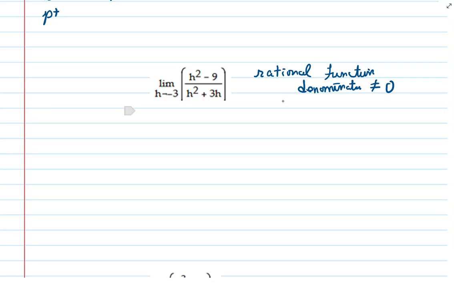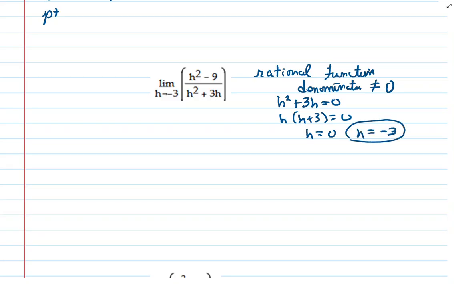So we set the denominator equal to 0. I'm going to factor out an h. Set them equal to 0. So we've got this one here, which is what we need for the limit. So we know that x cannot equal 0 or negative 3.